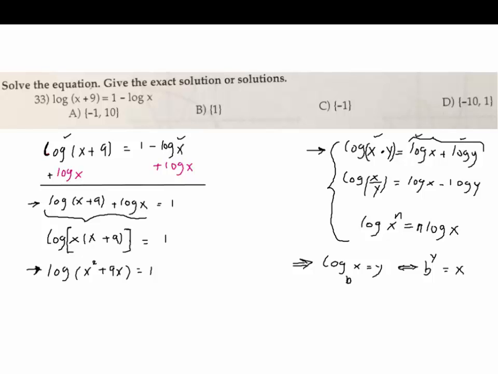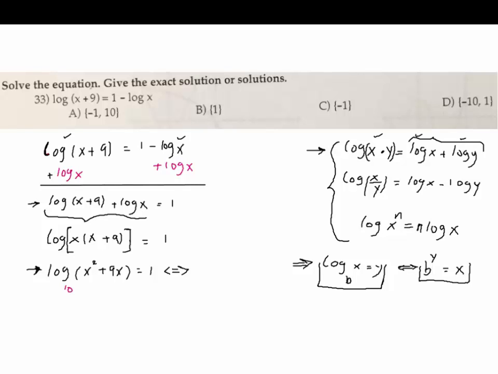So as you see here, on the right hand side, I don't have any log in here, so I have an exponential. On the left hand side, we have log in there. So if I want to eliminate the log, that's what you have to do. So in this case, when we don't have any number here, it means your base is 10. Let's assume that this is 10.